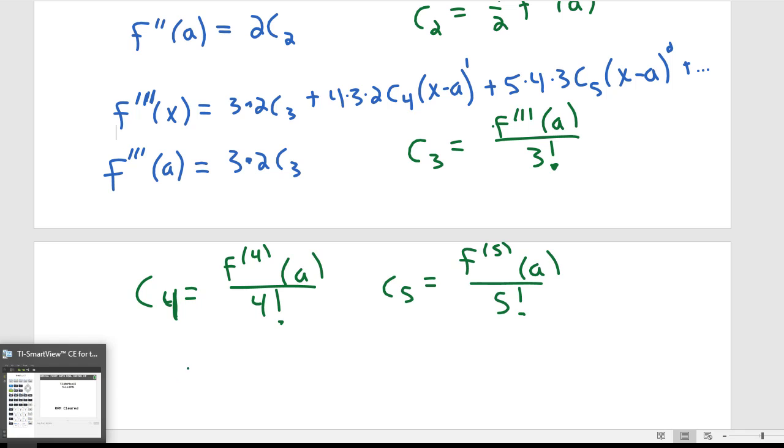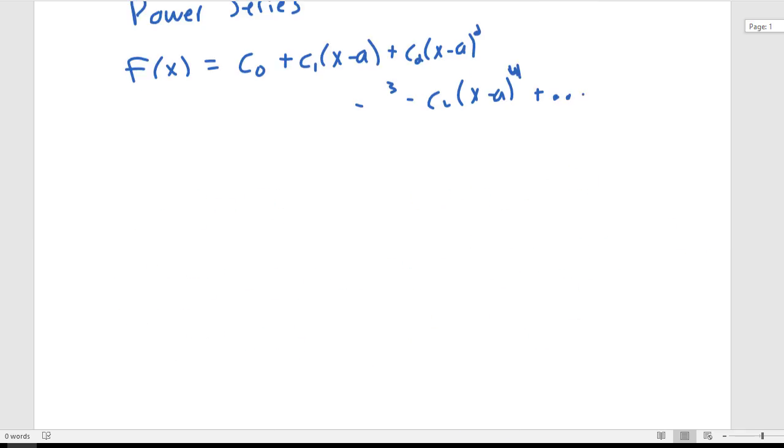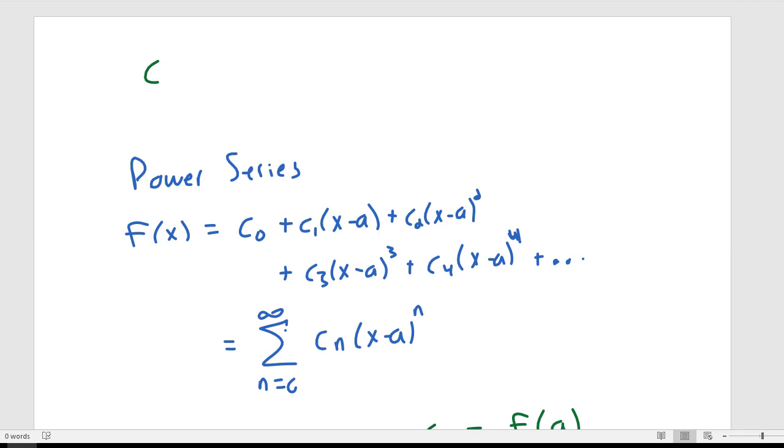Right? If we want the nth coefficient, it is going to be the nth derivative evaluated at the center divided by n factorial. So what we've really done is we've said if I want a power series for any function, we've just constructed the formula that finds each of those coefficients for ourselves.